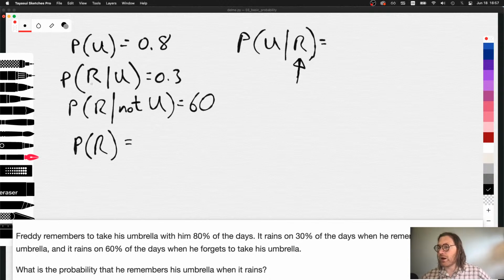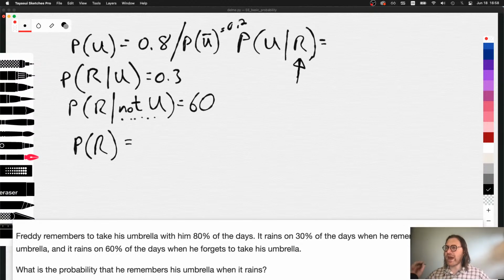We have the probability of rain given umbrella and the probability of rain given not umbrella, which is pretty helpful. We have the probability of umbrella, but we also need the probability of not umbrella. Well, the complement is the probability of not umbrella, right? So I'm just going to put an overbar there for lack of room, and that's going to be 0.2.